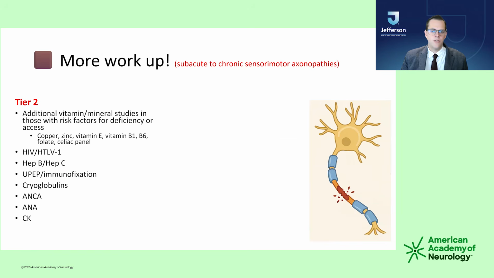Tier 2 includes additional vitamin and mineral studies, and with your history and physical exam, those are risk factors: HIV, HTLV-1, Hep B, Hep C. These are more so after your history, you can include these into your lab panel.